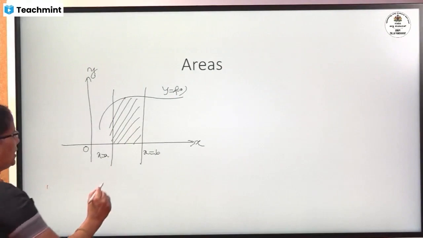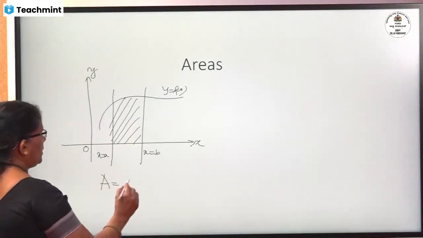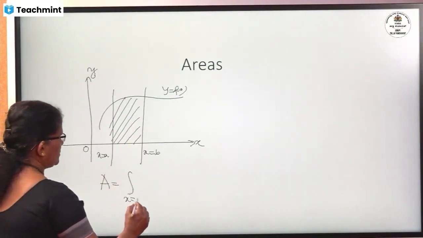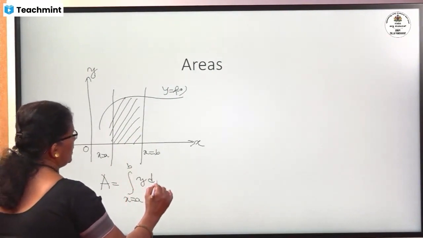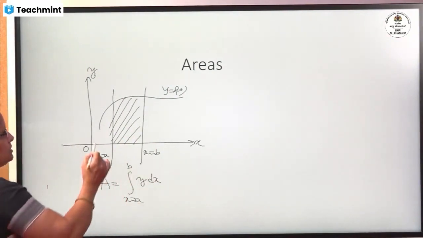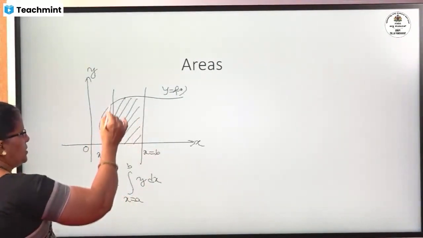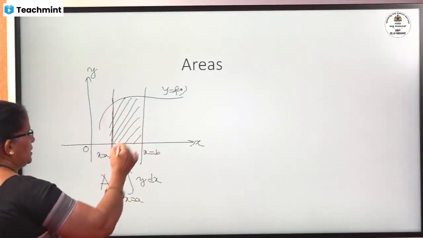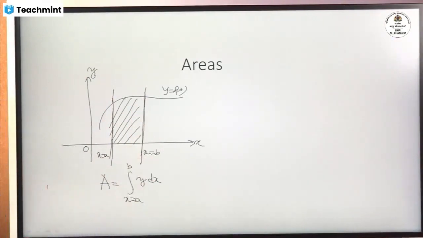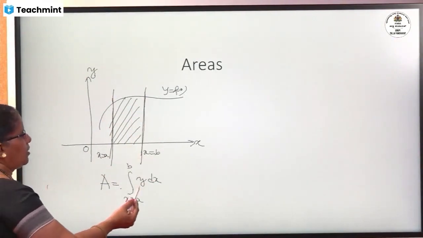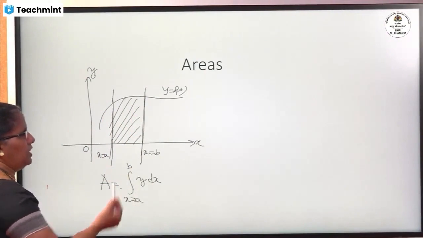So the area bounded by the x-axis and the curve y is equal to f of x between the ordinates x equal to a and x equal to b is given by integral of y dx from a to b.